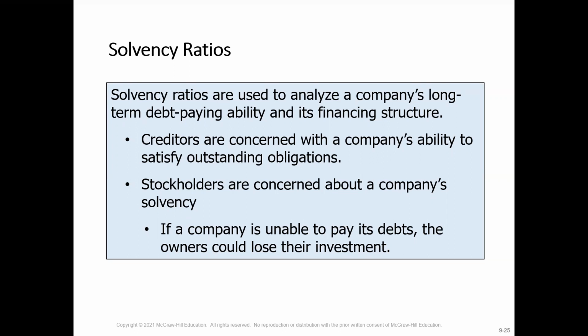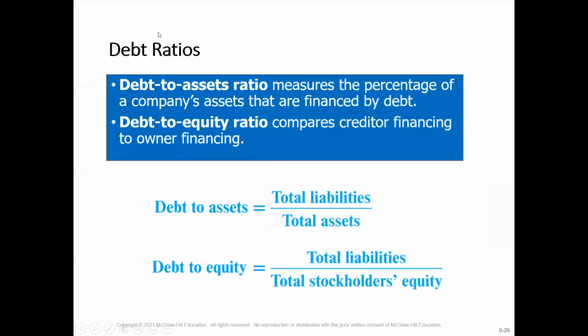If the company cannot, then as a stockholder, are you looking to bail out of your investment in the company? So some of the commonly used debt ratios, we have debt to assets ratio, debt to equity ratio. And once we finish that discussion, that is where we will stop for the day.